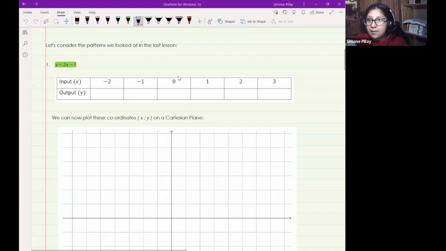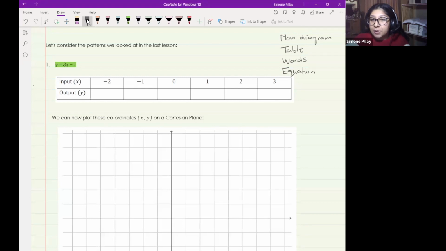I can have a flow diagram. Okay. I can have a table. I can use words. Remember when it says describe this relationship in words? That's using words to represent the relationship. I can also use an equation.